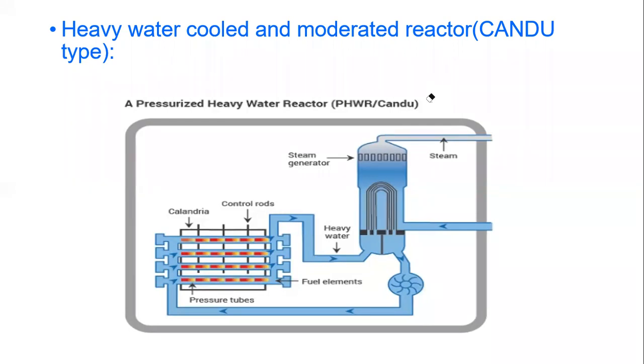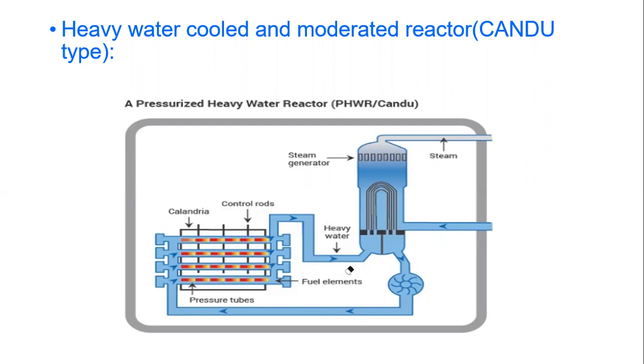Heavy water is circulated in the primary circuit and steam is produced in the secondary circuit. Here we have the control rods, the calandria and pressure tubes, and the fuel elements. The heat is transferred in the heat exchangers, and the steam goes out through the steam outlets.